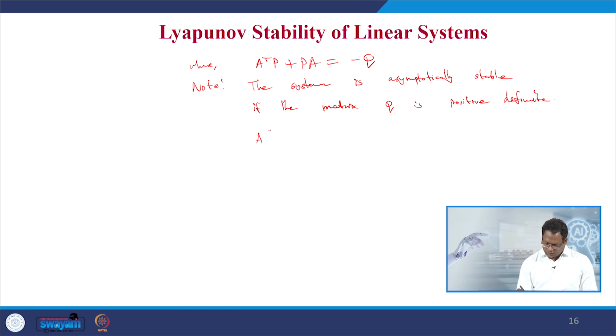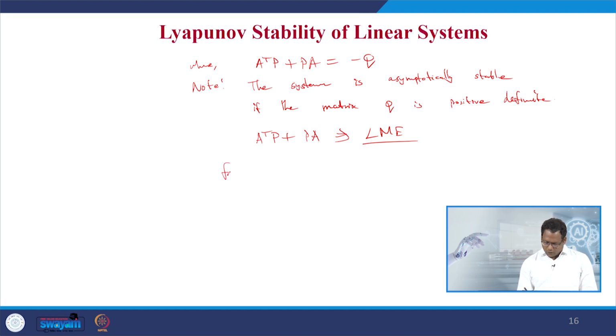Okay. One thing we have to note, A transpose P plus P A is also termed as Lyapunov matrix equation. The solution to this equation is P matrix. If the P matrix after solving is positive definite, then we can say that the system is asymptotically stable. Okay.